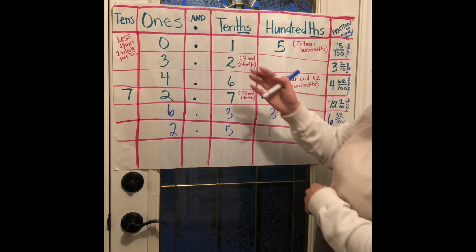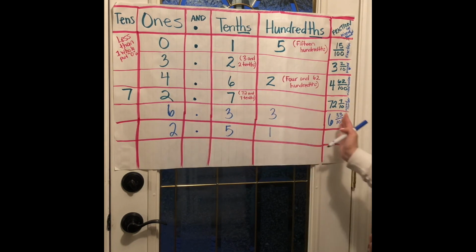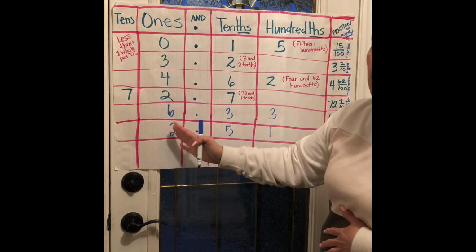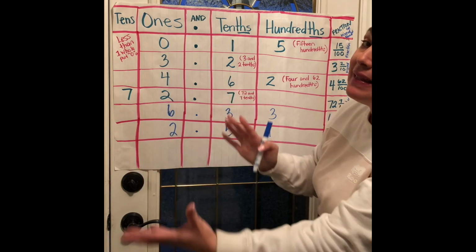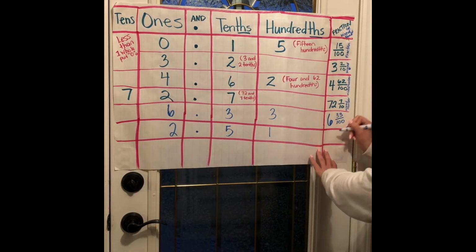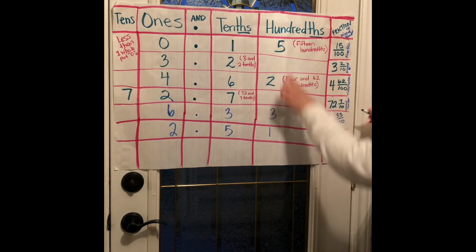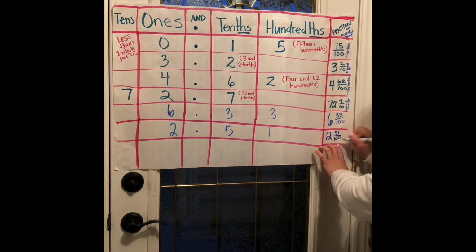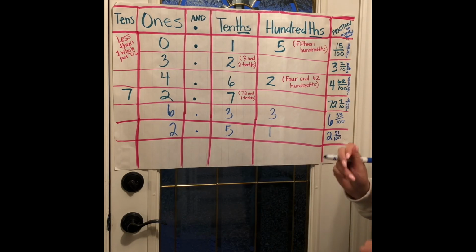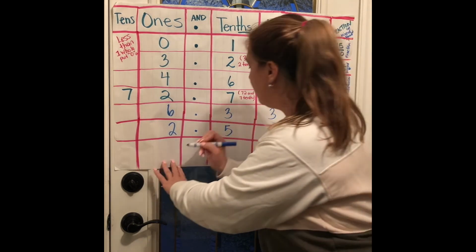Right, it's going to be a mixed number fraction, because you've got a number to the left of the decimal. So you have 2 wholes and 51 out of 100 parts. So 2 and 51 hundredths. One last one here.